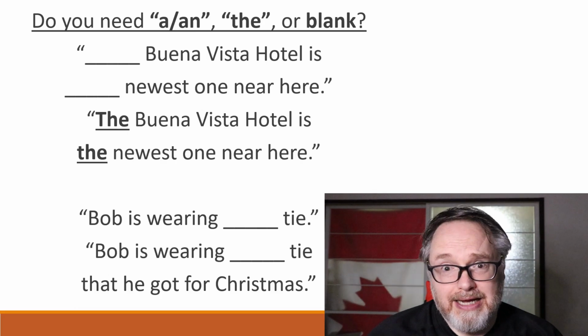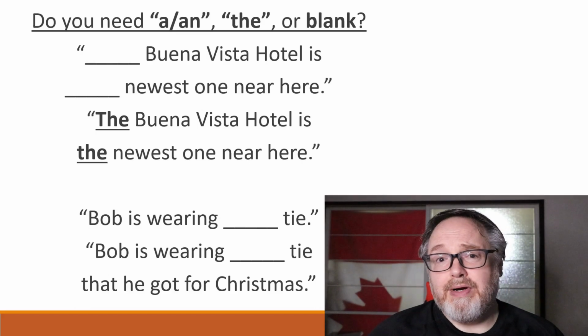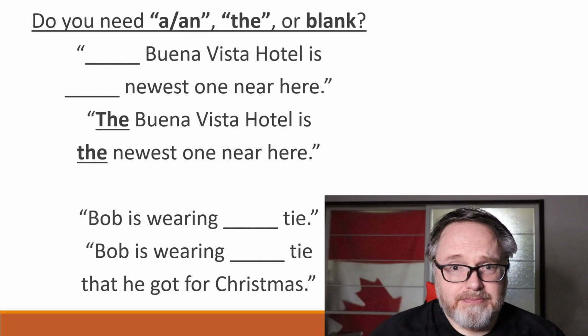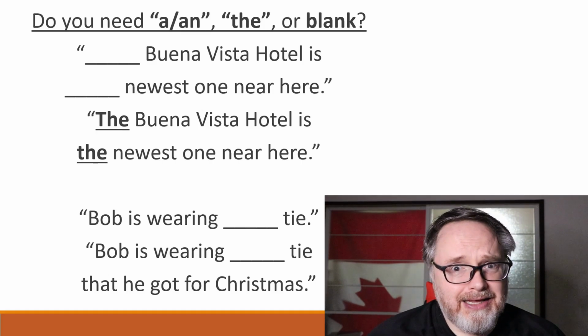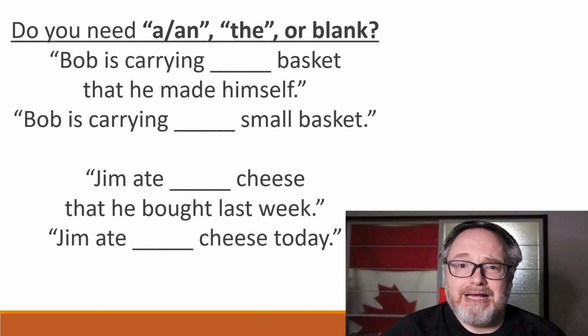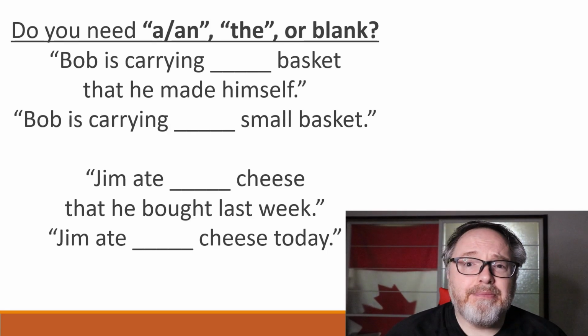Bob is wearing a tie. Bob is wearing tie that he got for Christmas. Bob is wearing the tie that he got for Christmas. Bob is carrying basket that he made himself. Bob is carrying the basket that he made himself.